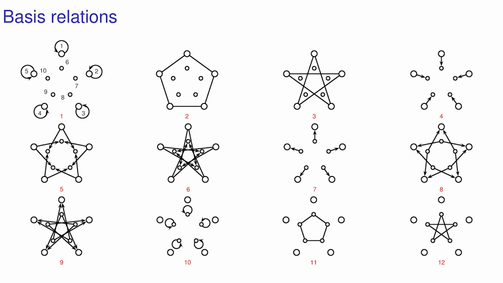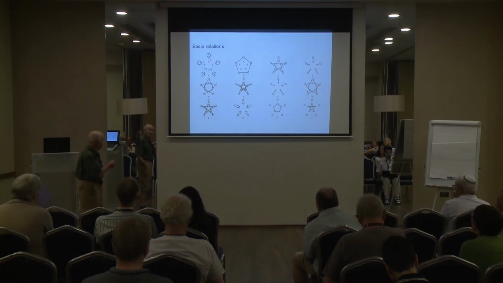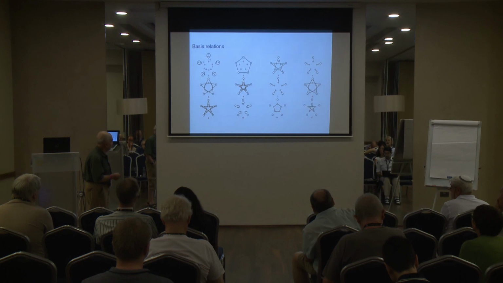So, what is going on in this picture? Here we have first of all 2 copies of the pentagon, external and internal. These are loops on the external copy. These are loops on the internal. These are edges on the external copy. These are edges on the internal.